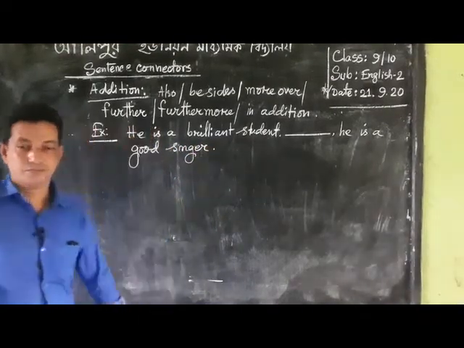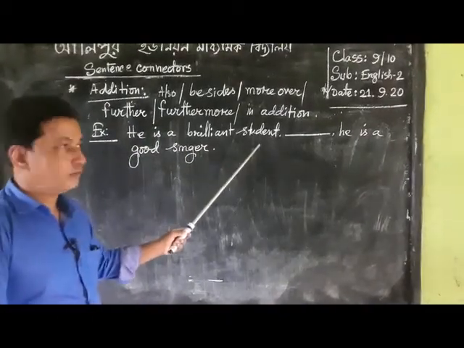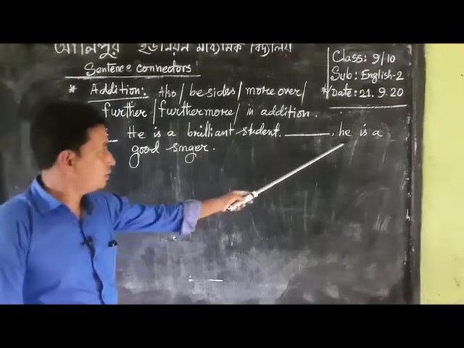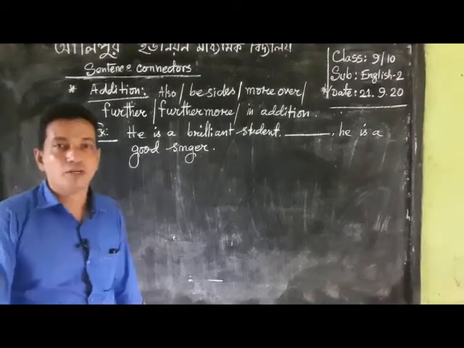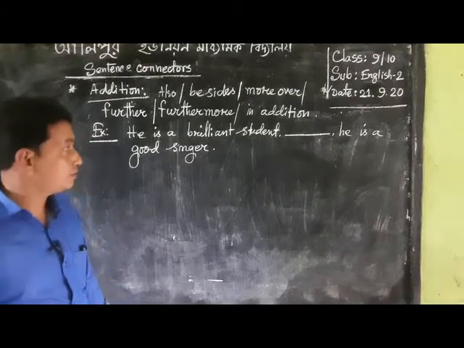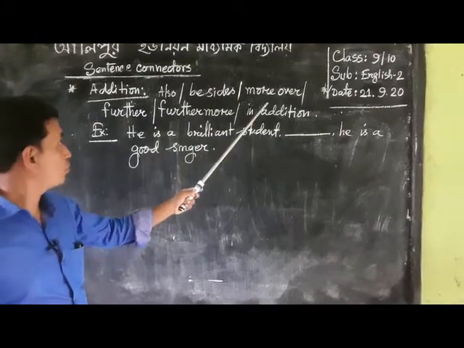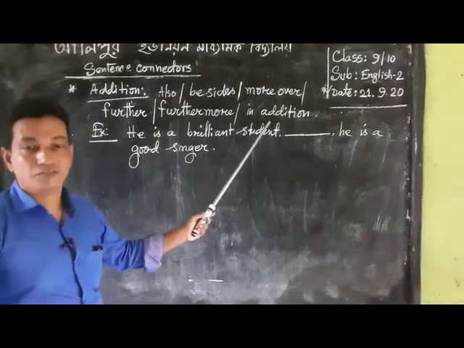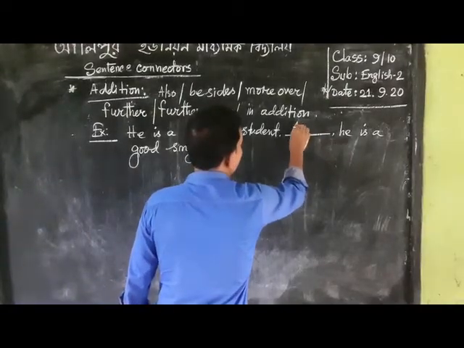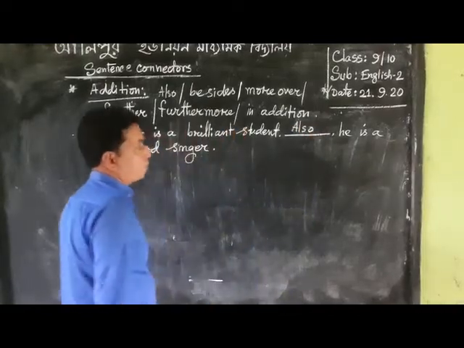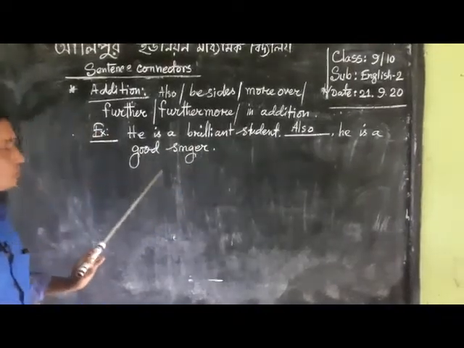Okay, dear learners, there are two sentences here. He is a brilliant student. This is a sentence, and he is a good singer. At the same time, there are two qualities of a person, and in this context, we may write down also, besides, moreover, furthermore, in addition, etc. Okay, dear learners, so we may write here also. He is a brilliant student. Also, he is a good singer.